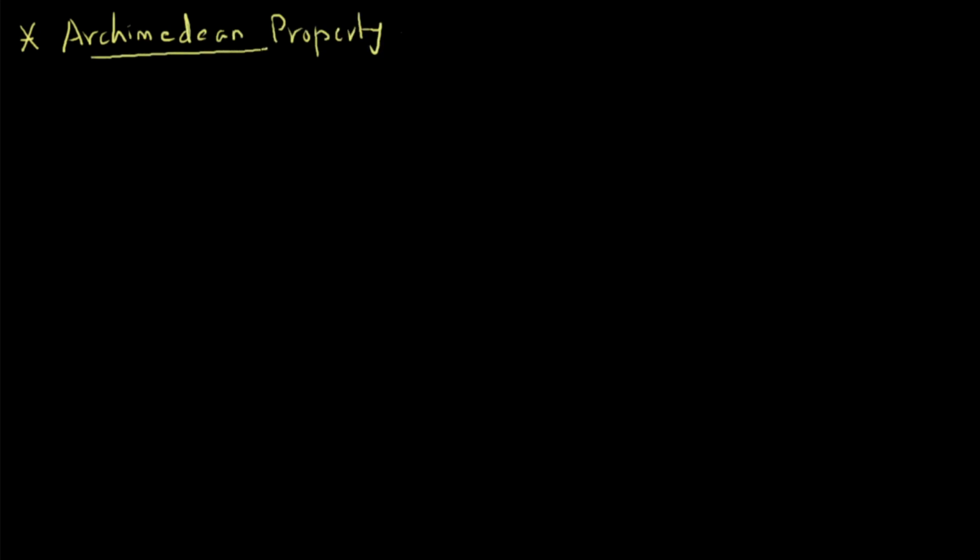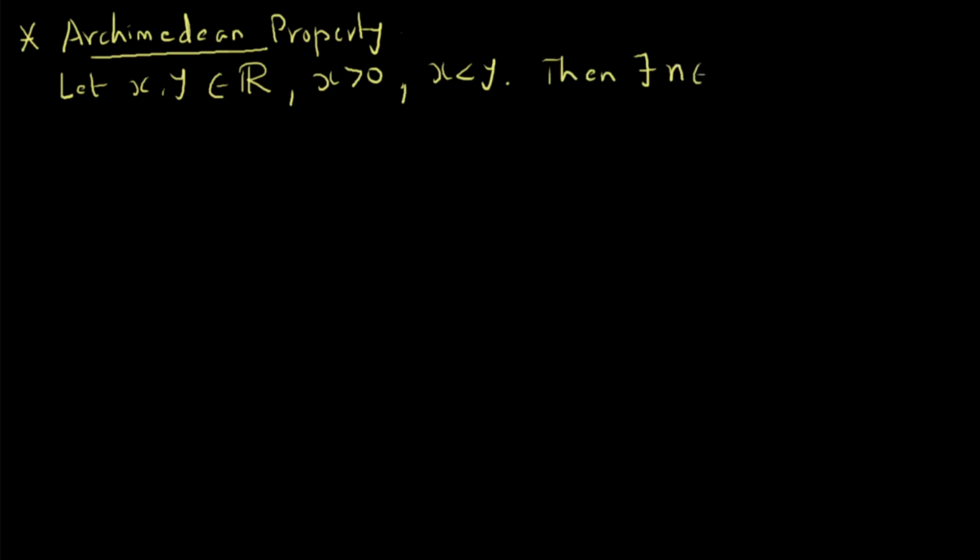What does it state? It says if you take x and y to be any two real numbers, and x is positive and x is less than y, then there always exists some n belonging to N such that nx is always greater than y.